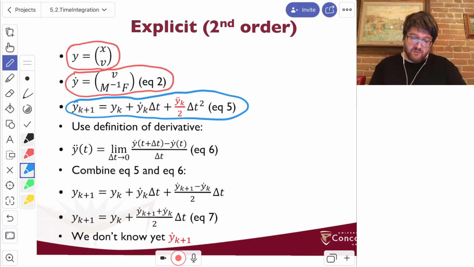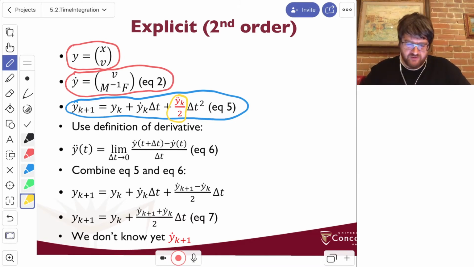So if we allow one more term in our Taylor series, we have y k plus 1 equals y k plus the first derivative of y k times delta t plus the second derivative times delta t squared divided by 2. Well, we have a problem because we do not know anything about this term, right? That is a problem.